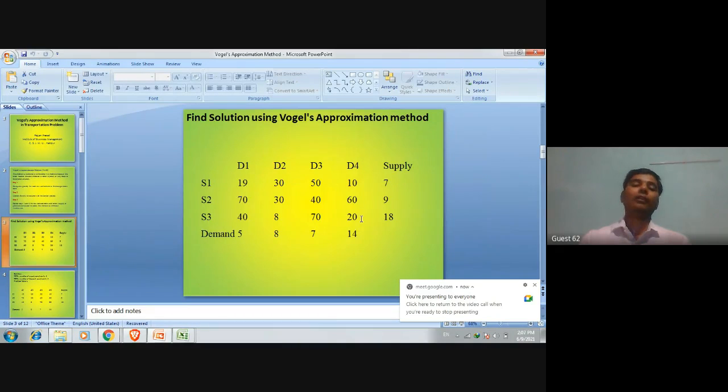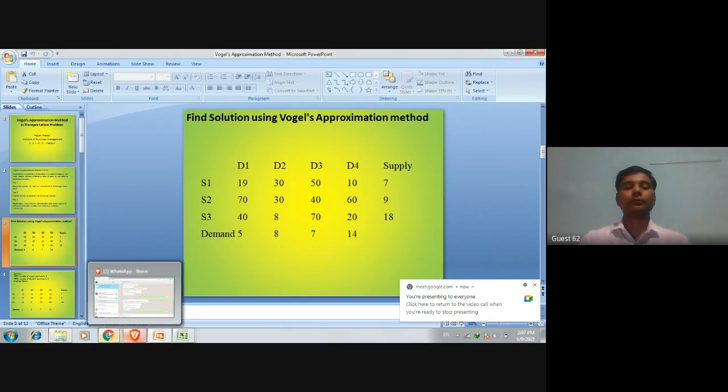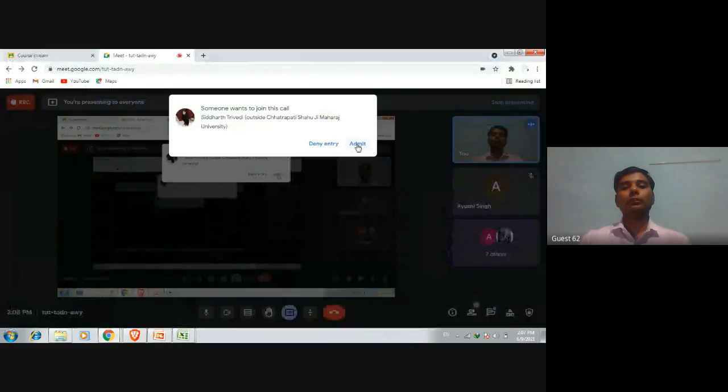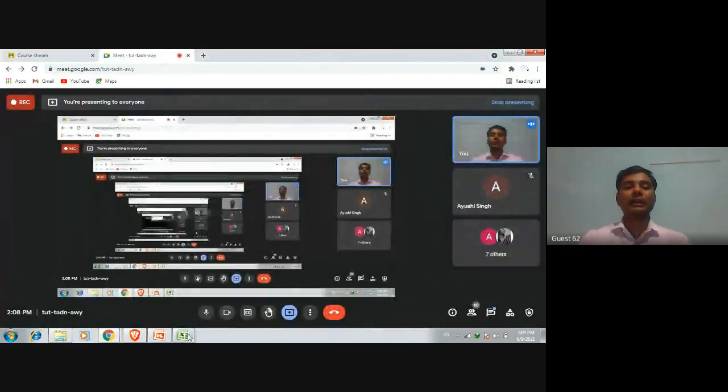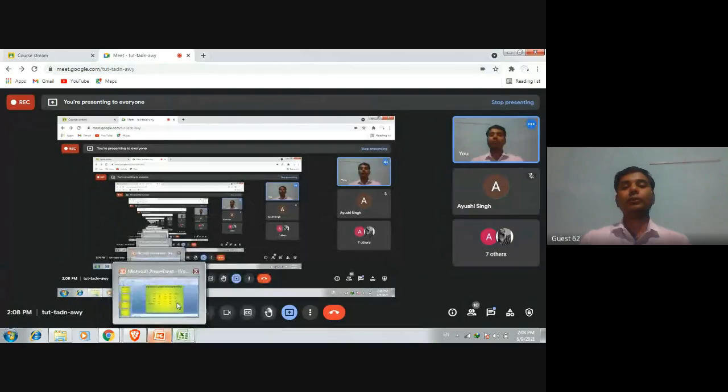Similarly, for S3 you calculate the penalty by subtracting 8 from 20, and you get 12. So these are the penalties for your rows.